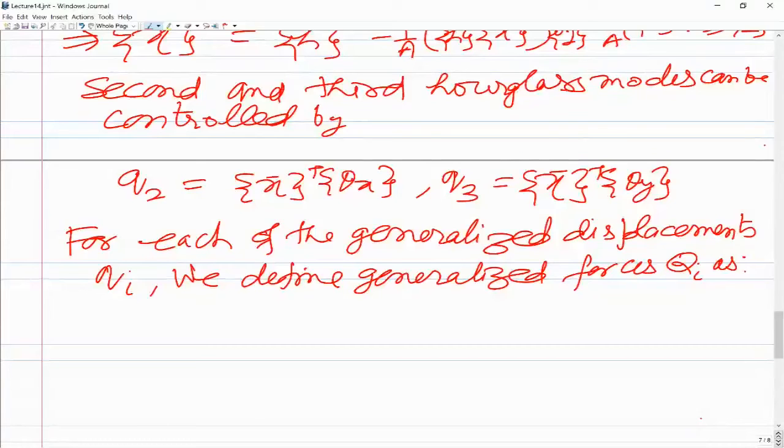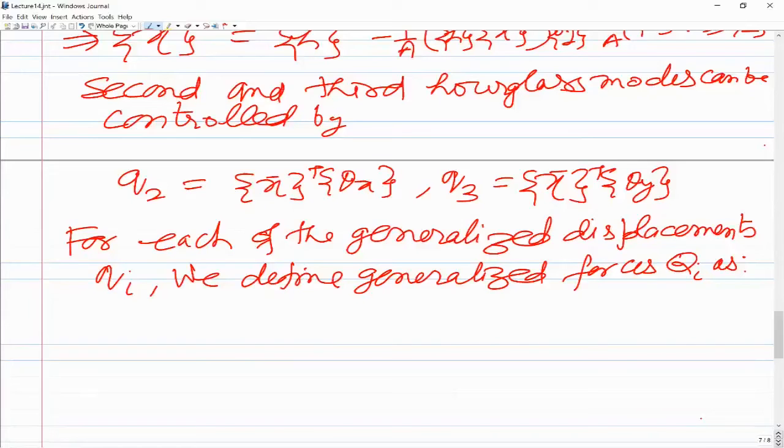So gamma bar transpose into W gives you q1, the generalized displacement corresponding to W hourglass. If we take gamma bar transpose into theta x, it gives the generalized displacement corresponding to theta x hourglass. Similarly, gamma bar transpose into theta y gives the generalized displacement corresponding to theta y hourglass.